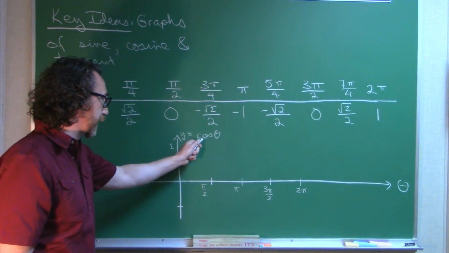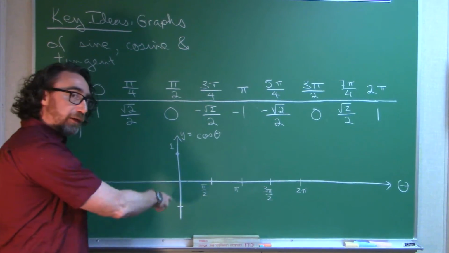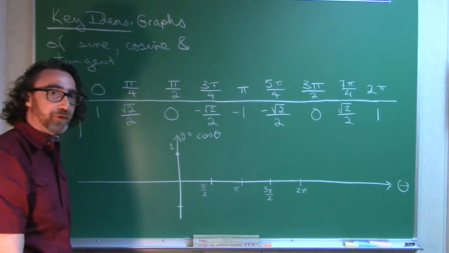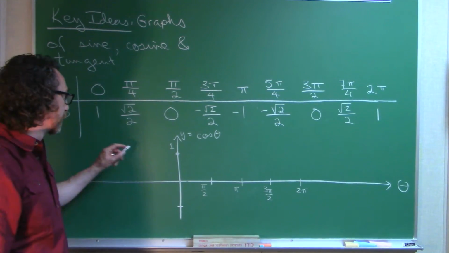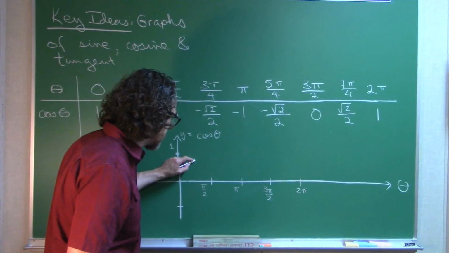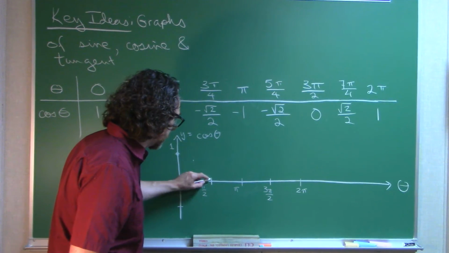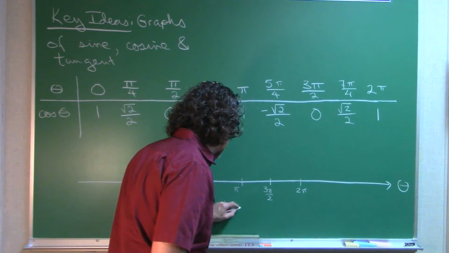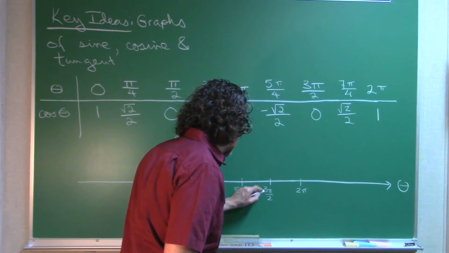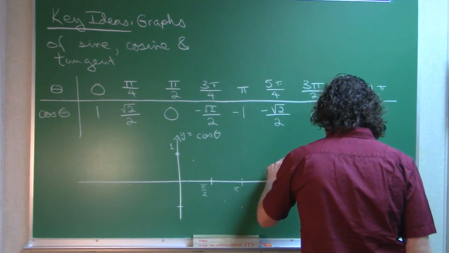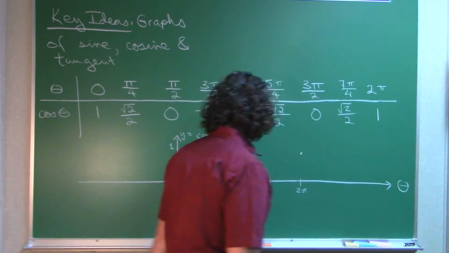I'm plotting the various values of cosine as the height, and the horizontal axis represents the angle that we're putting in. At theta equals pi over 4, I'm at approximately 0.7, maybe right there. Then 0, negative 0.7, negative 1, negative 0.7, 0, 0.7, and then back to 1.